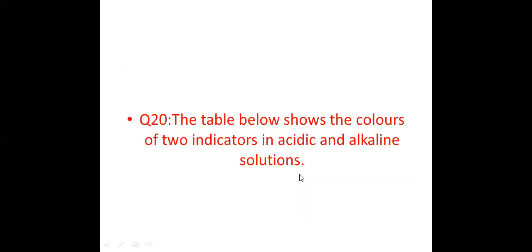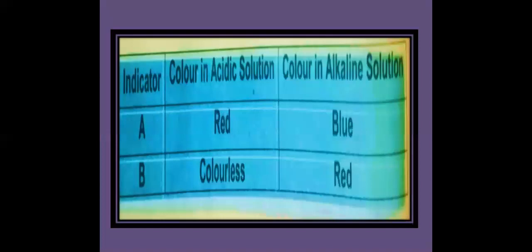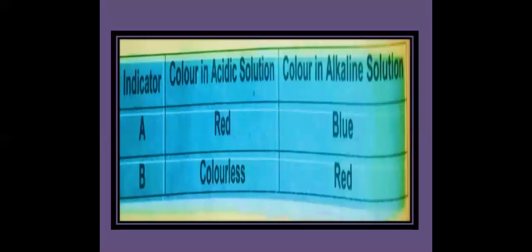Question number 20. The table below shows the colors of two indicators in acidic and alkaline solution. We have two indicators, A and B. The color of A in acidic solution is red and in basic solution is blue, while indicator B is colorless in acidic solution and red in basic solution.